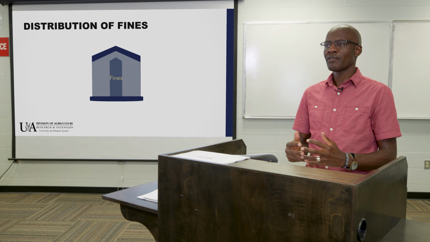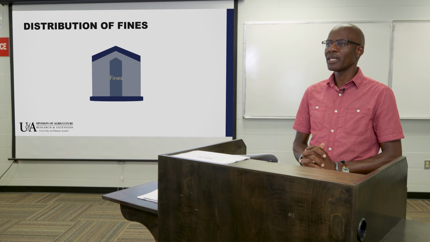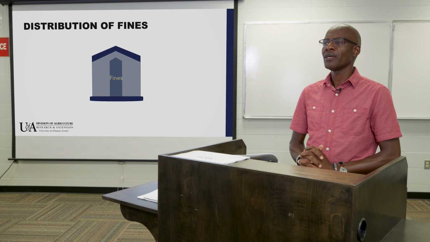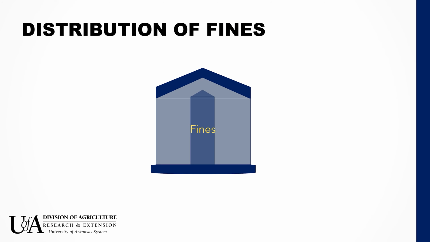Fines, as I mentioned, are typically those materials within the grain mass that are not grain. And this could be dust, they could be frog limbs, they could be leaves, they could be anything that is not grain. Most of the time, these fines are smaller in size, and when you fill a grain bin, they tend to accumulate at the central part of that grain bin.